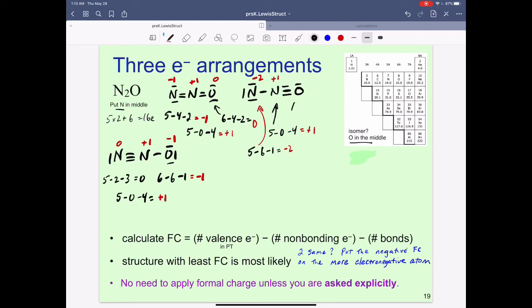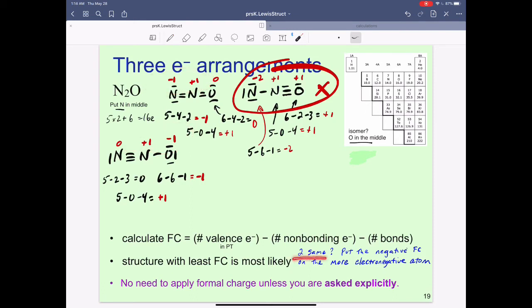And the oxygen on the end, 6 minus 2 non-bonded electrons, minus 3, to end up with a positive 1. Again, the formal charge will add up to 0, but we were looking for the least amount of formal charge. That means we can cross this off, and then we're left to decide between these.